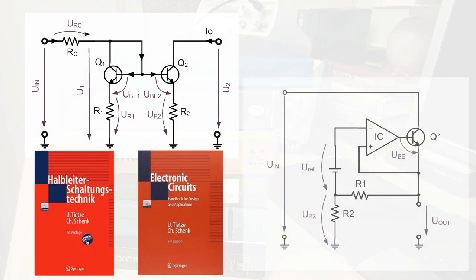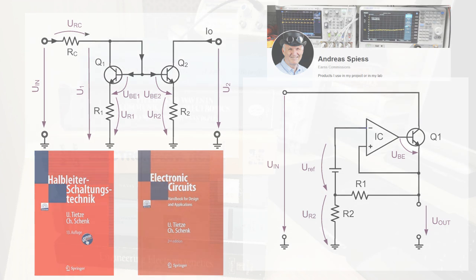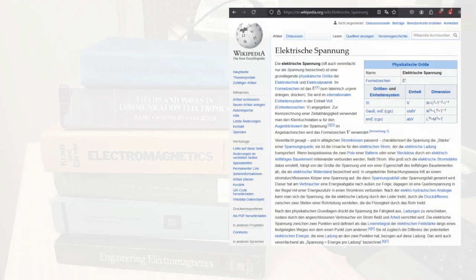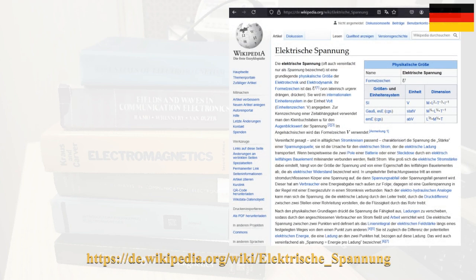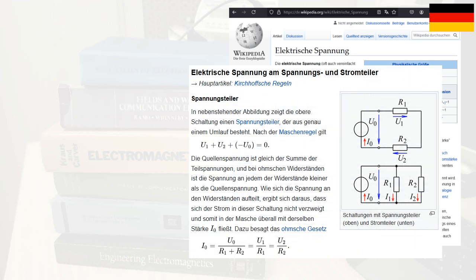You can have a look at Titze, for example, a very famous book in the German language, or at the schematics shown by that guy with a Swiss accent on YouTube. Or simply go to the German Wikipedia page and look up Elektrische Spannung. Sorry for the pronunciation. It's even worse than my English. You will find upside-down arrows everywhere on that page.